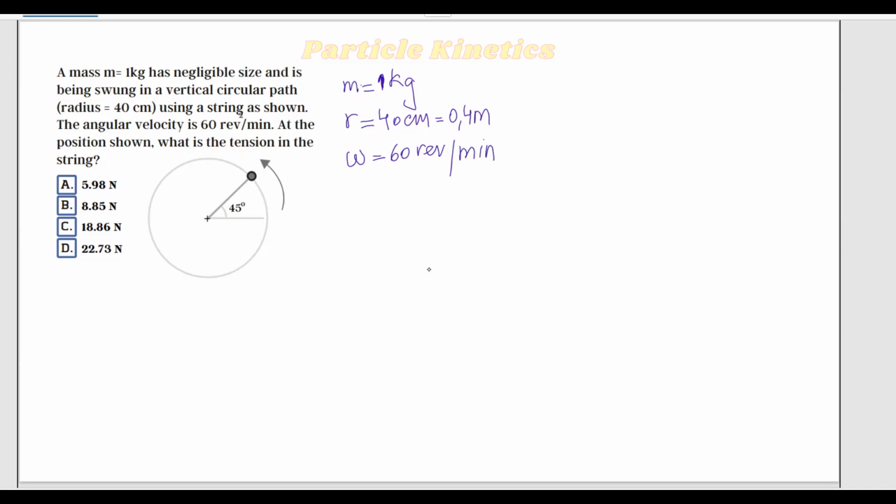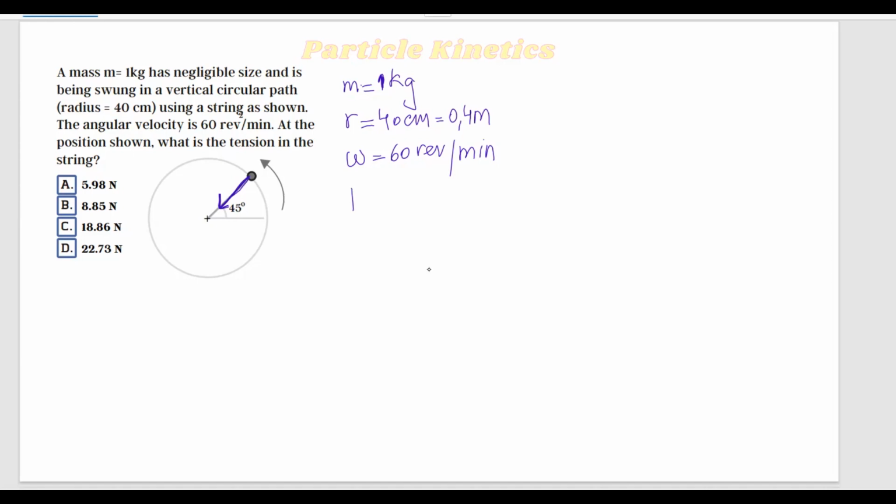Here we're going to talk about what forces occur on an object that goes in a circular motion. In order for this object to remain in this circular position and not be thrown away, there's a force occurring that is pulling this object towards the center, and it's called the centripetal force.